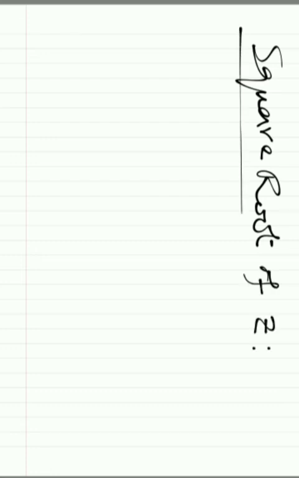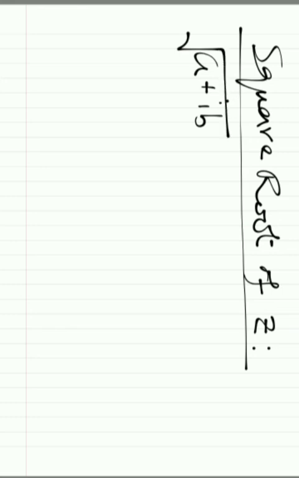So suppose we are taking some number a plus ib, and we want to take the square root of this. We have already seen in terms of reals the square roots are not so good, because before this video we could not find the square root of negative numbers.